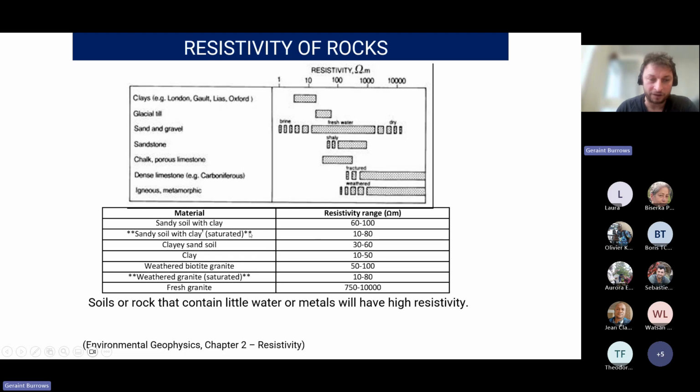So when we are looking at how to utilize measuring resistivity effectively, what we really want is a condition where we are trying to identify between a low resistivity material and a very high resistivity material in order to give us a good signal.